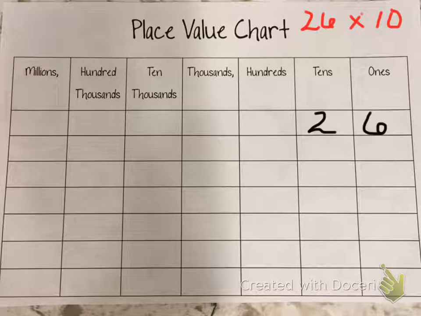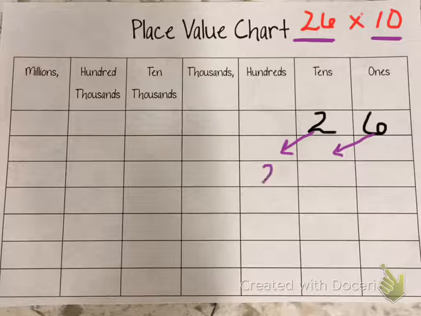Now we're going to move on to this next part. So if I have 26 and I'm multiplying it by 10, what happens on the place value chart is that when you multiply a number by 10, each digit moves one place value to the left.